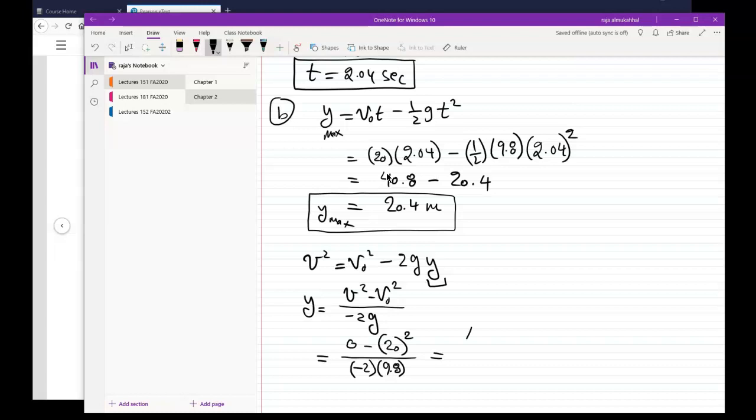So I'm going to get 400 divided by 19.6. Answer is, again, the same answer, 20.4. You see how you can use either equation, you'll get the same answer. Okay.